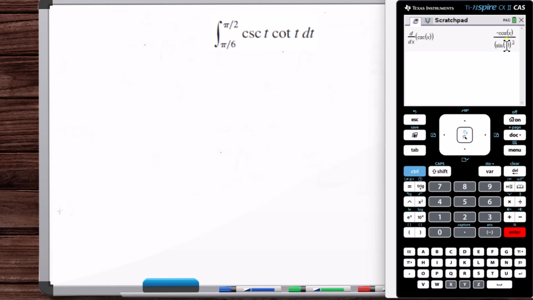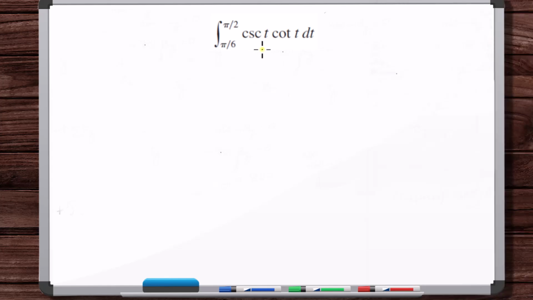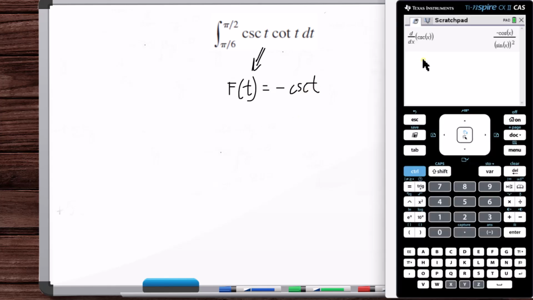So, yeah, the f of t here is minus cosecant t, because the derivative of minus cosecant t, or we'll have x here, is, there you go. That's 1 over sine is cosecant, cosine over sine is cotangent, yeah.